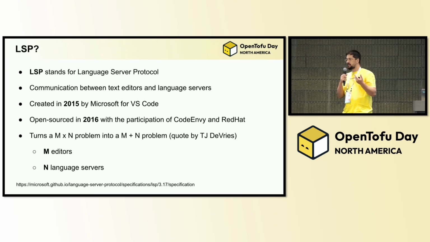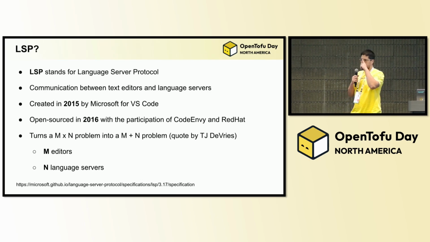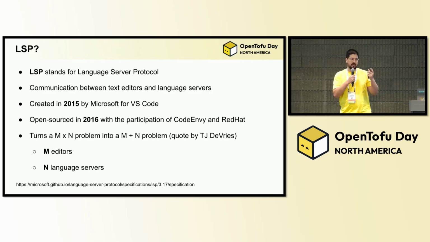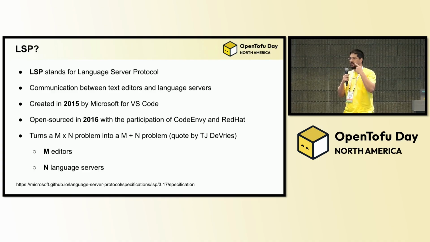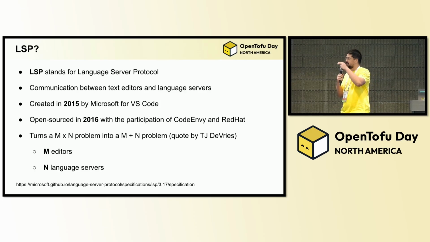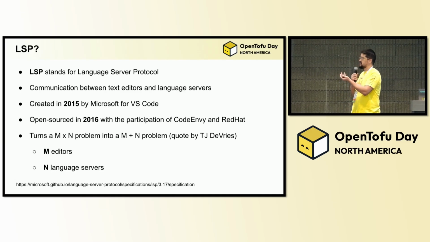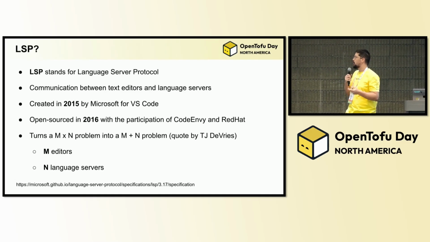Before that specification, all the text editors had to implement a server for each language they supported. So, like, in VS Code you have one server for Python, another one for Ruby, and another one for OpenTofu. With the specification, you have less stuff to implement by implementing that protocol.